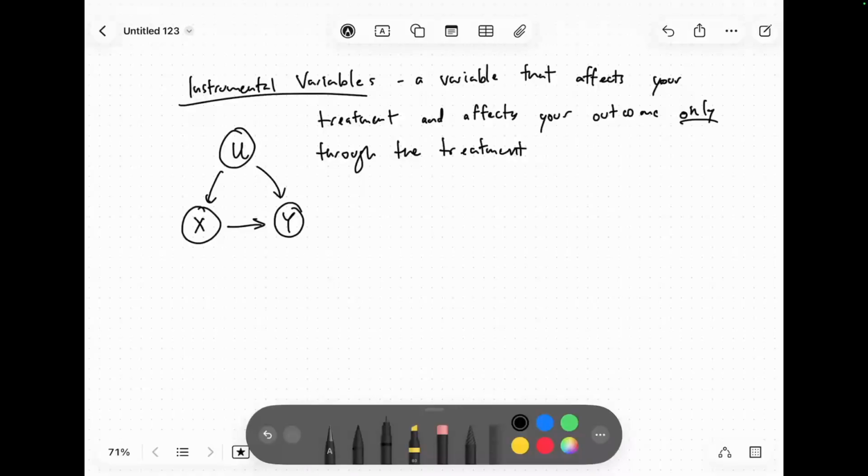In this particular diagram that I've drawn, we have our fundamental issue that if I wanted to explain the causal effect of X on Y, I have unobserved variables that are acting as backdoor paths that confound my ability to say it is actually X leading the effect of X on Y. So the idea is we introduce an instrumental variable like so.